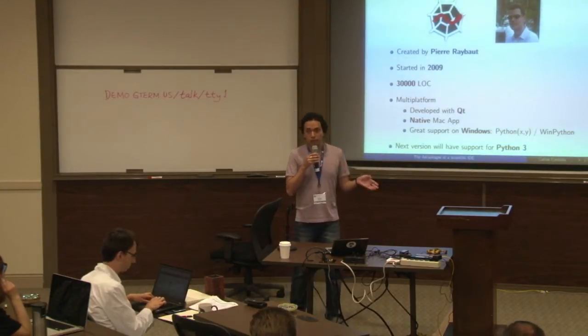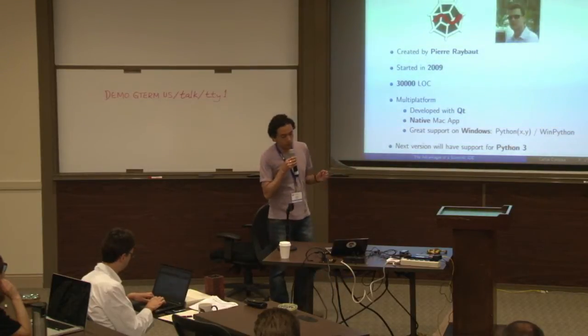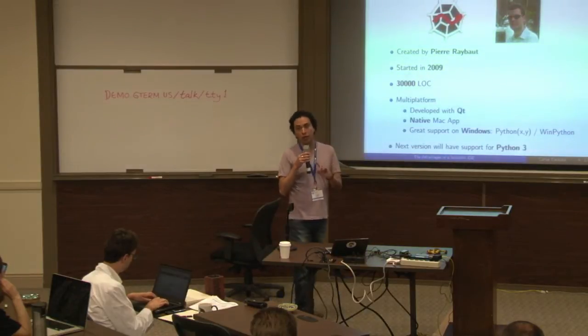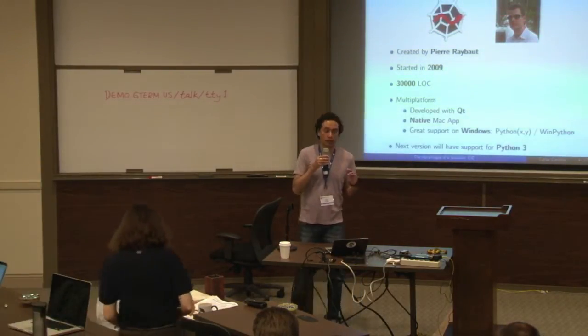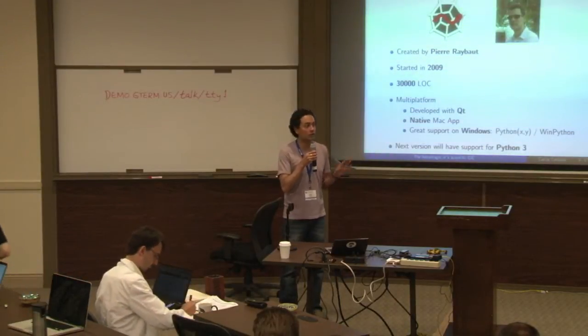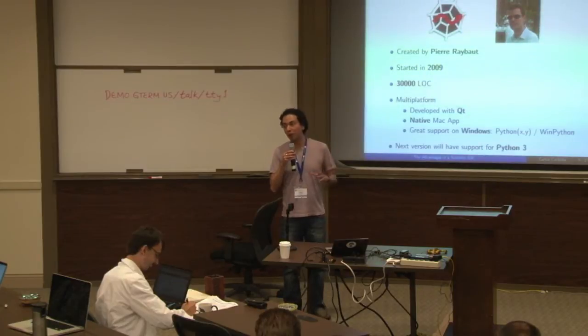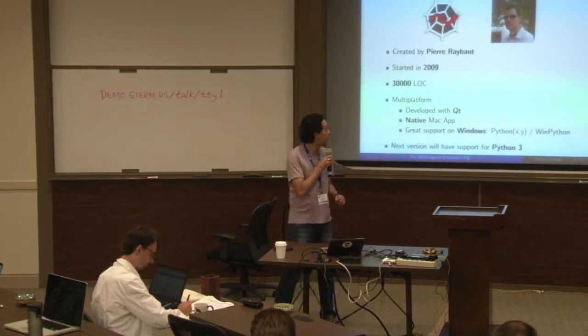And perhaps one of its most attractive features is that it's multi-platform, because it's developed in Qt. But we also have a native Mac app, which I guess, given the number of Macs, pleased people. We had a lot of complaints from Mac users before, so I had to sit down and write the Mac app.